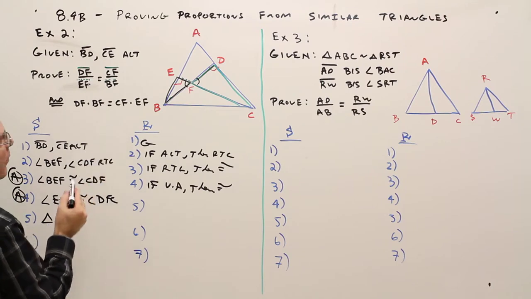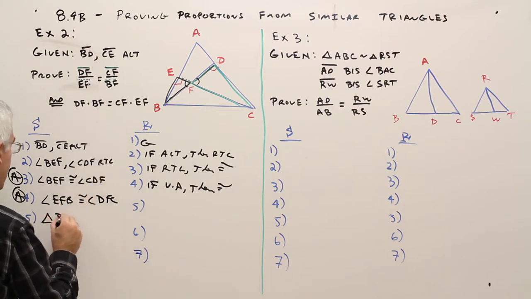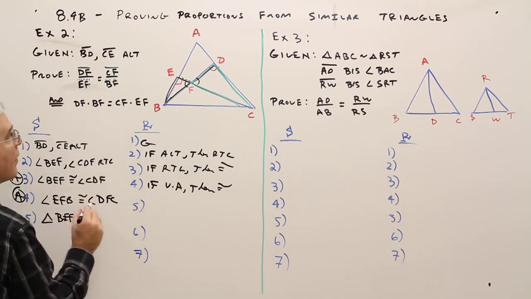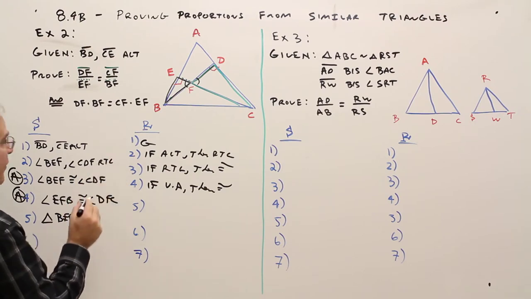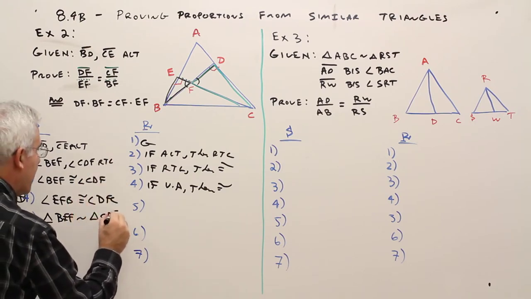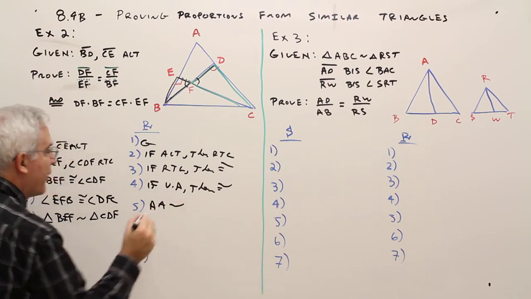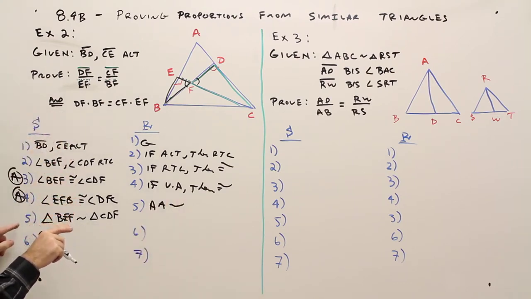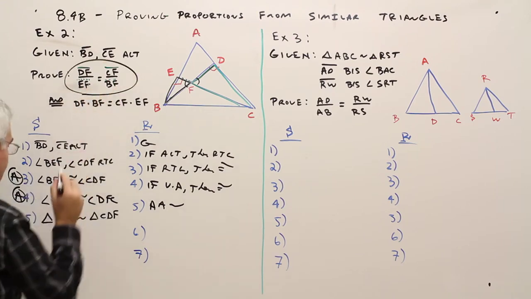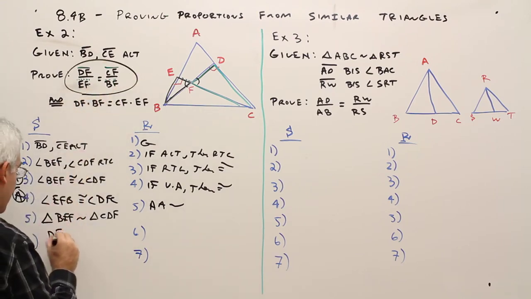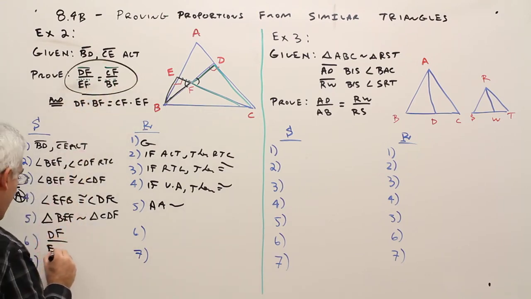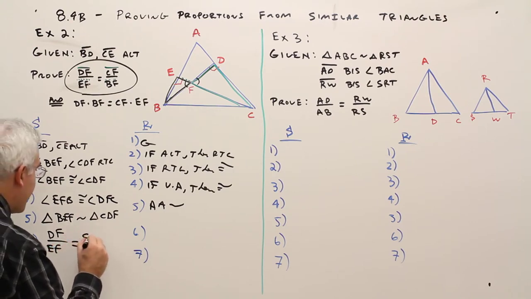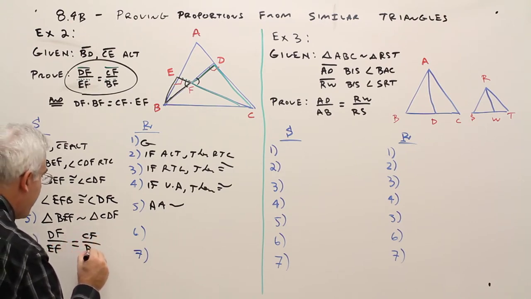Triangle BEF is similar to triangle CDF. Angle similarity. Once I've got that, then I can get this proportion right here. DF over EF equals CF over BF.